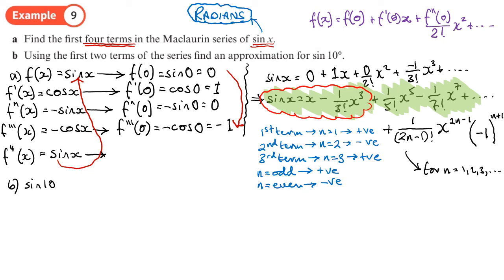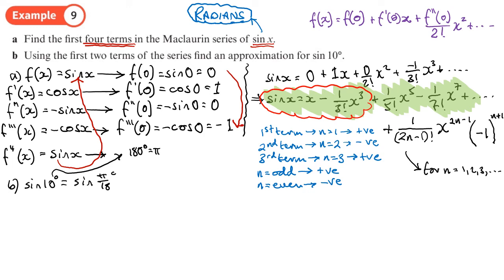So sine 10, remember we need to be in radians, so we don't make x equal to 10, that will be a mistake. We change 10 degrees into radians, so just remember that 180 degrees is pi radians. So if you want to get to 10 degrees, you need to divide by 18. So sine of pi over 18 is the same angle, but in radians.